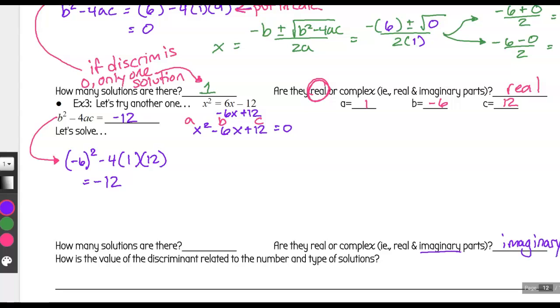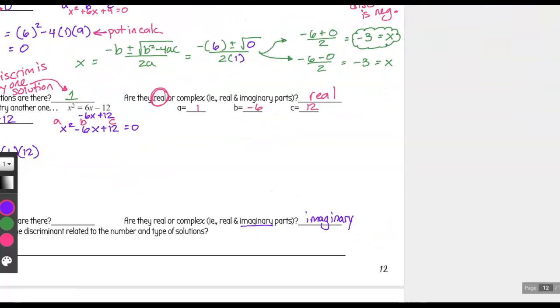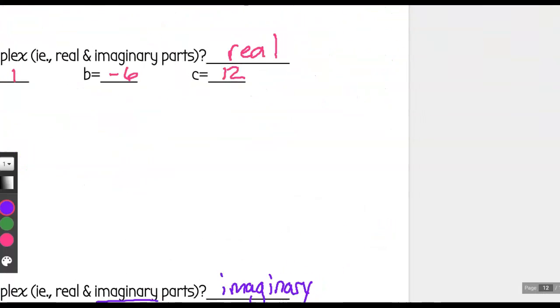Meaning there are no real solutions, but I hate to tell you guys this, there are what is called imaginary solutions, and we do need to find them. What this means is, let me show you. This quadratic does not go through the x-axis. Does this mean that the quadratic is not there? No, it just does not go through the x-axis.